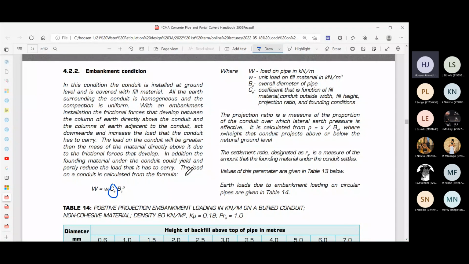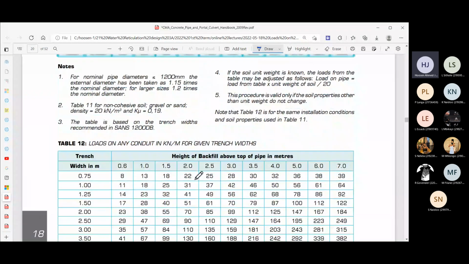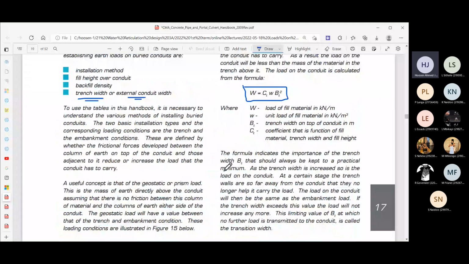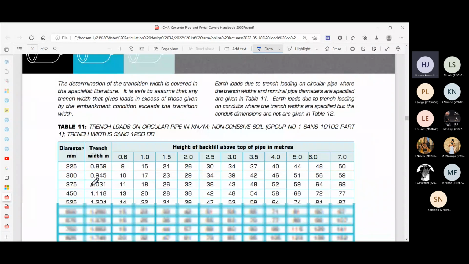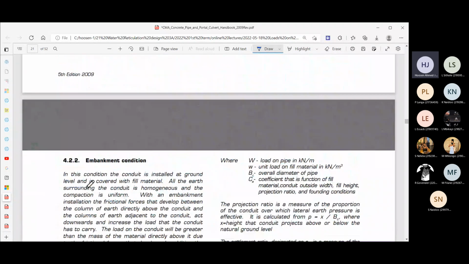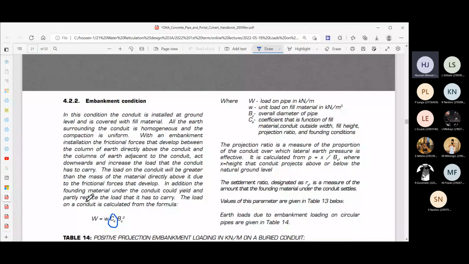We had the width of the pipe, BT. That was the trench width of the pipe for trench conditions. Under embankment conditions, we have BC in the formula, and here it's the diameter of the pipe. So that's the difference in the formula. Just make a note of that.